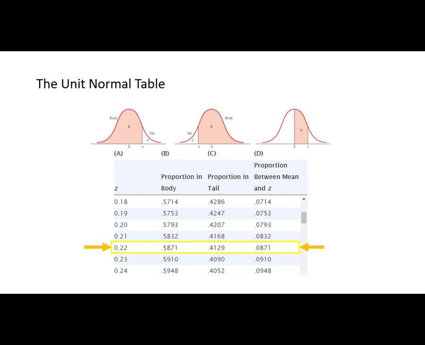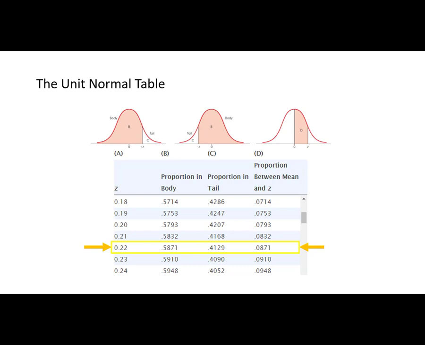This, of course, leaves 41.2% that fall above a z-score of 0.22, and you can just do the calculation by hand, or you can see here that the region, the number of scores between the mean and the z-score of 0.22 is 8.7%.